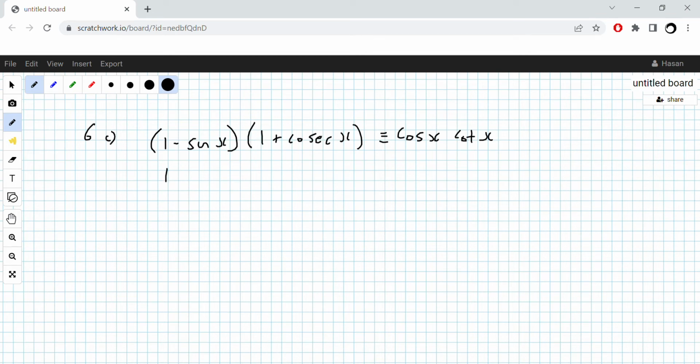Which is expanding the brackets. So we're going to write left hand side and expand the brackets.